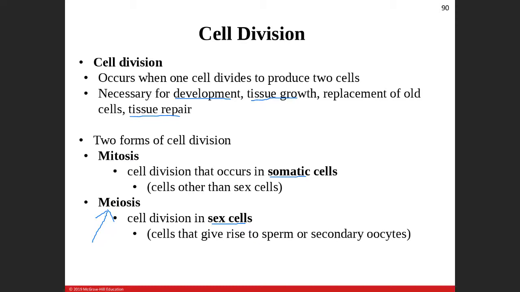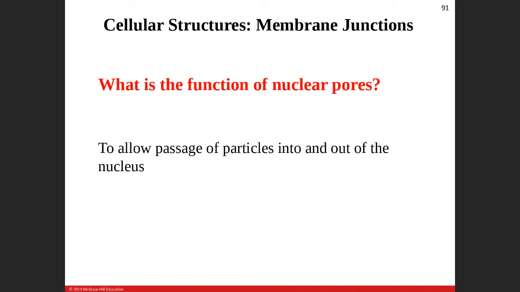So meiosis is sex cells, mitosis is all the rest, which is going to be the somatic cells. And finally, what is the function of nuclear pores? They allow the passage of molecules into and out of the nucleus.